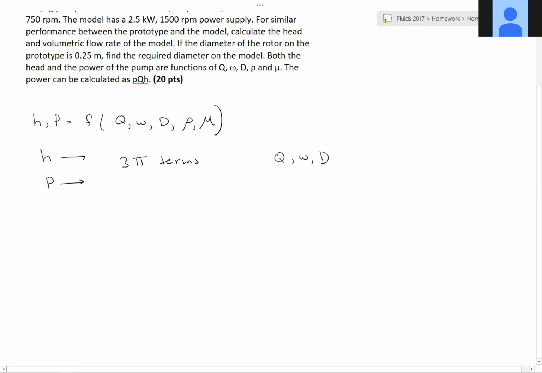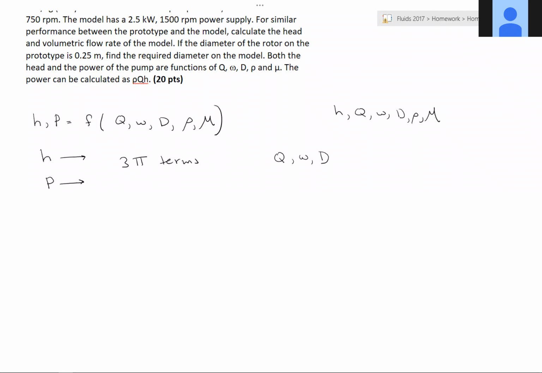So if we look at the first one, remember it's the dependent variable, so it'd be H, Q, omega, D, rho, mu. If you start looking at the pi terms that you need, if you have all that information in 2 pi terms, don't bother finding the third. I wrote it out anyway, but if you have everything you need, don't do any more work unless I tell you.